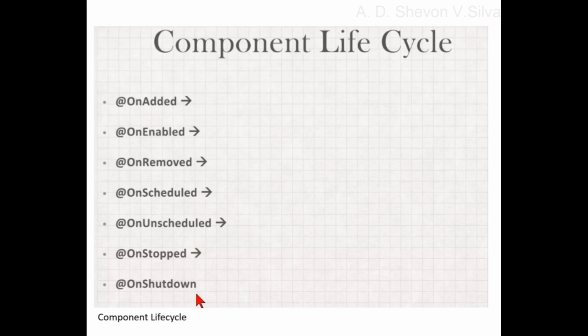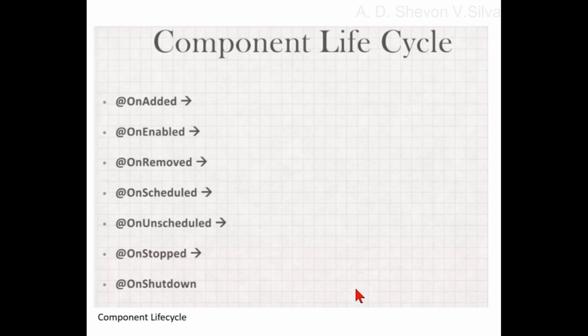Annotation type OnShutdown. A marker annotation a processor, controller service, or reporting task implementation can use to indicate a method should be called whenever the flow is being shut down. This will be called at most once for each component in a JVM lifecycle. It is not, however, guaranteed that this method will be called on shutdown, as the service may be killed suddenly.